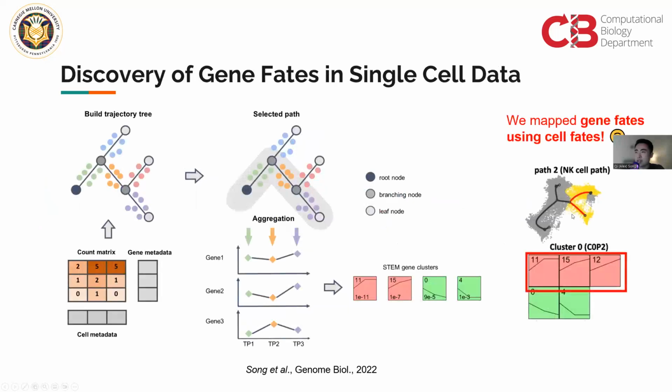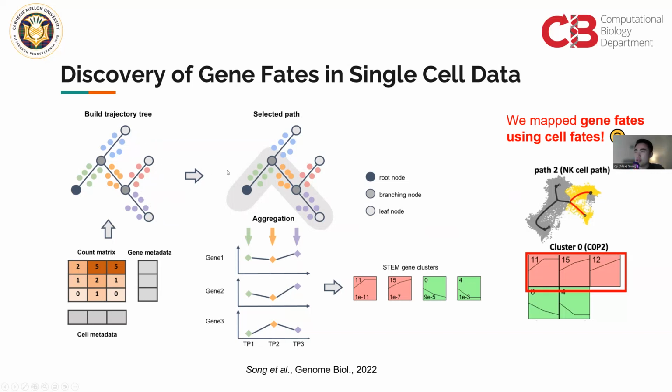To fill this gap, we propose this framework to identify the gene fates from single cell data. Here we start again from the gene expression matrix. Then we build the trajectory tree using common trajectory inference tools such as Monocle3, Slingshot or PAGA. This gives you a trajectory tree structure.